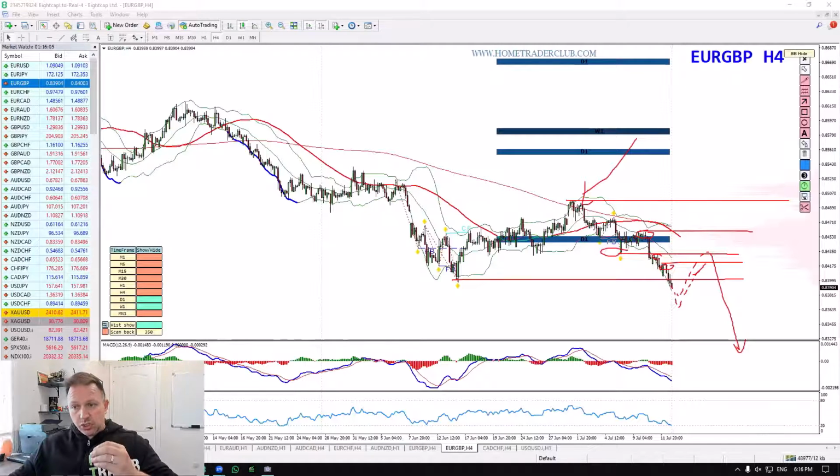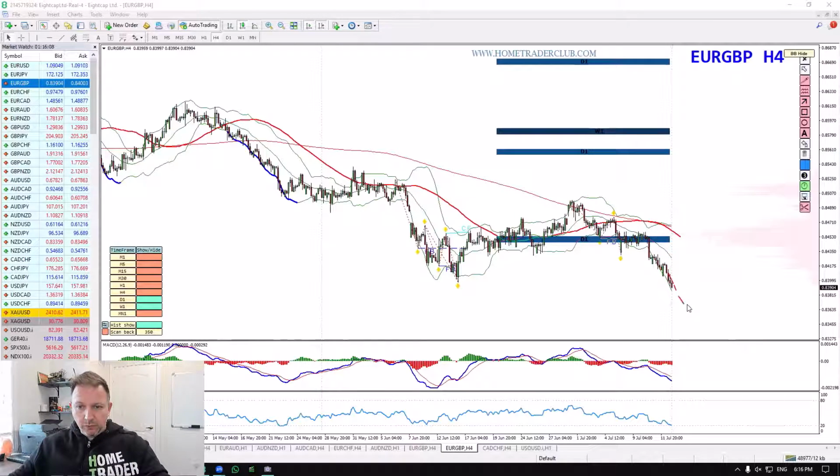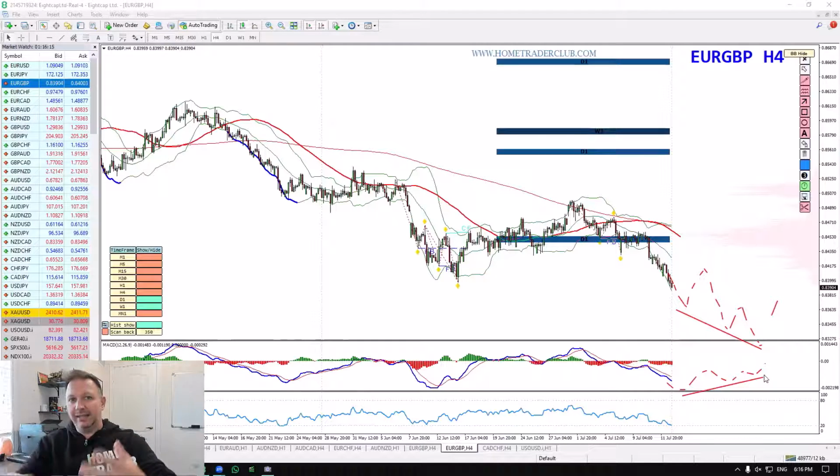And I believe this should continue until the 4-hour chart will eventually, together with the daily chart, start to form some bullish divergence, bullish signs, and only then complete the weekly cycle and start a reversal to the upside. So for me, sell the rallies on the euro pound was the plan, remains the plan.